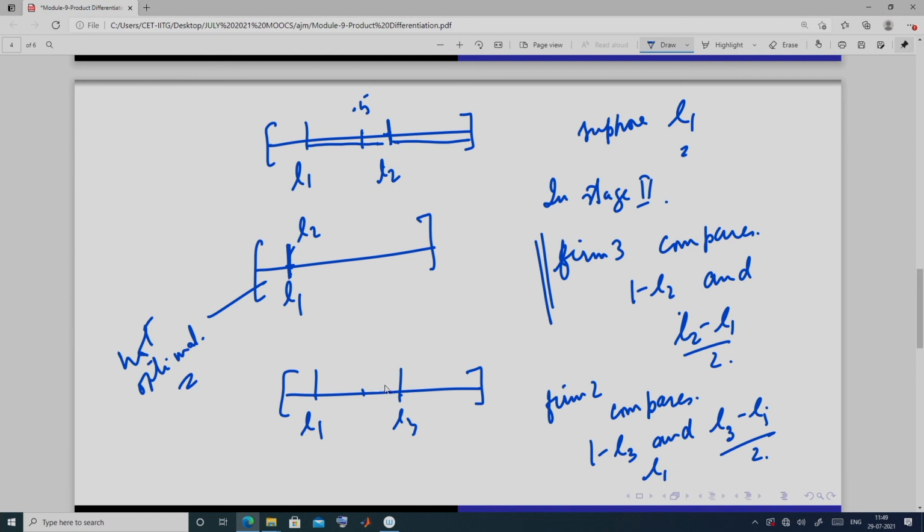If L1 is greater, then it will locate here, and if here also it will compare L1. So, out of this three lengths it will choose the one which is the maximum.